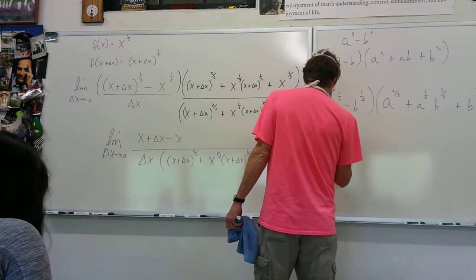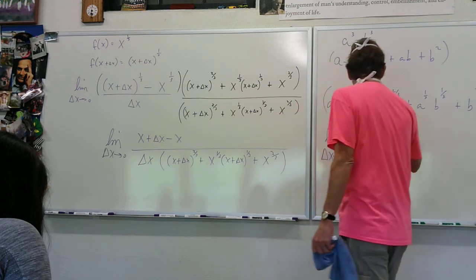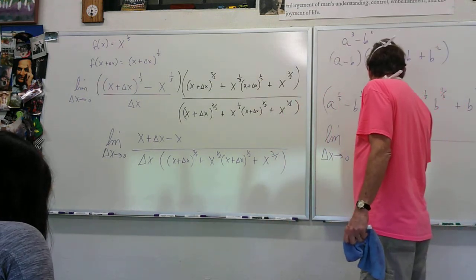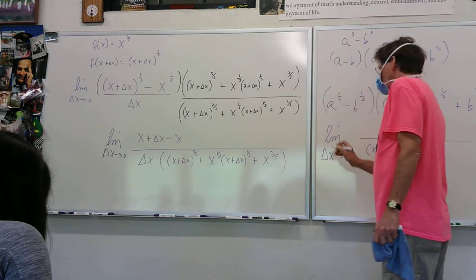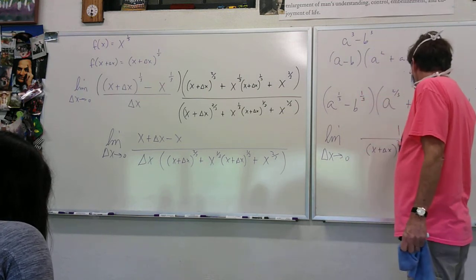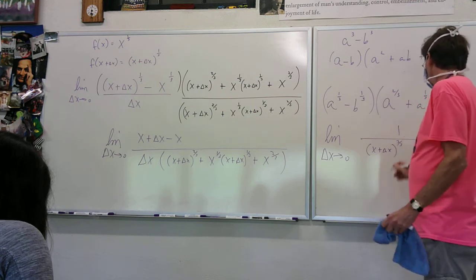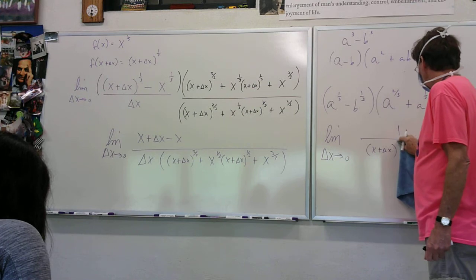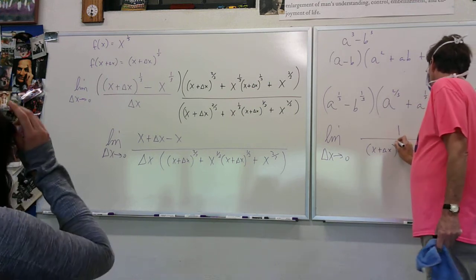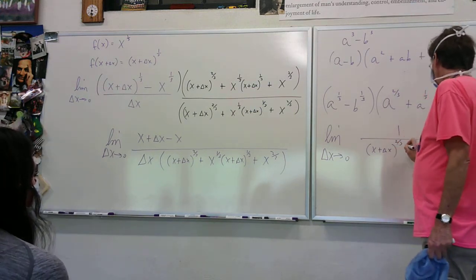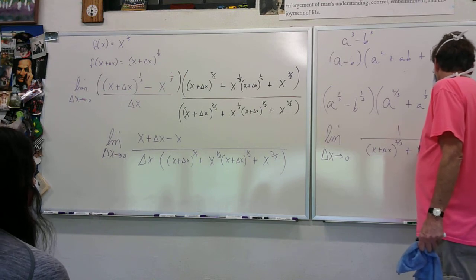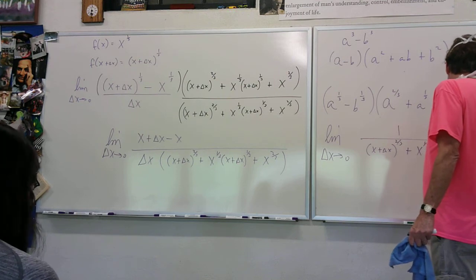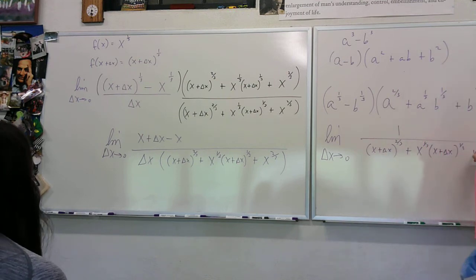So you'll get limit as delta x approaches 0 of 1 over x plus delta x to the 2/3 plus x to the 1/3, x plus delta x to the 1/3 plus x to the 2/3.